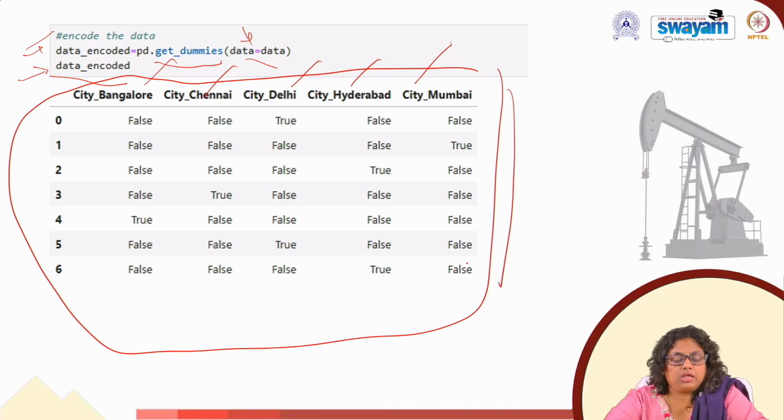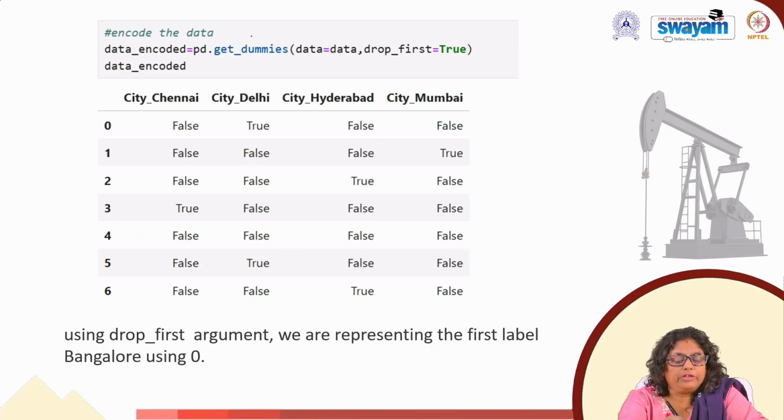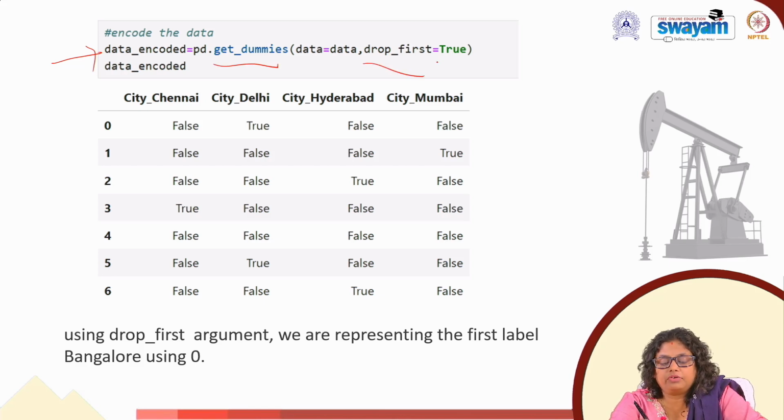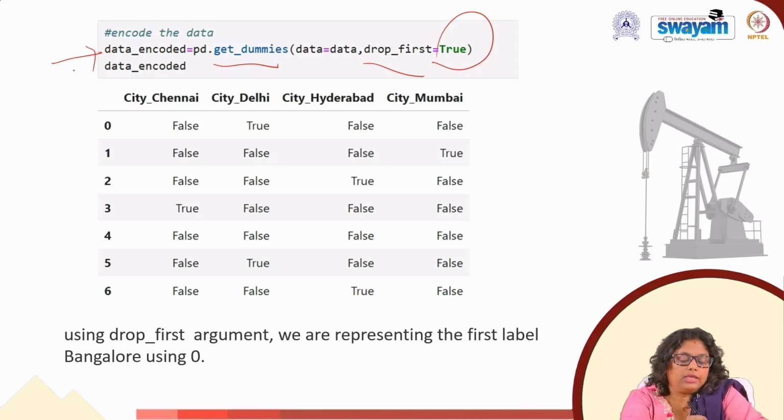Now we put data equal to data. With the same code, data_encoded equals pd.get_dummies, and here we are making drop_first equal to True, and then we print the data_encoded.